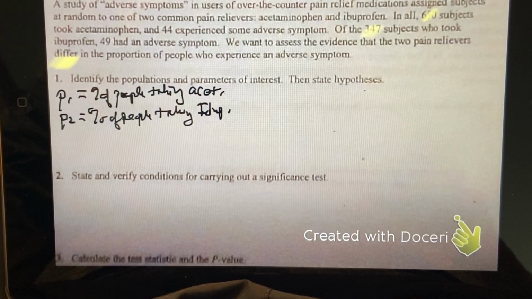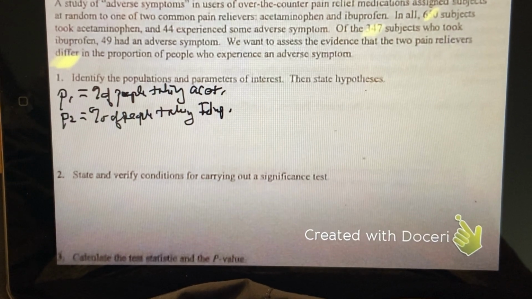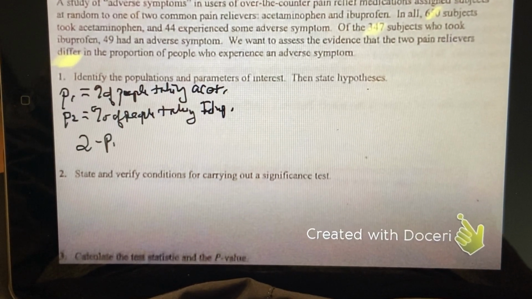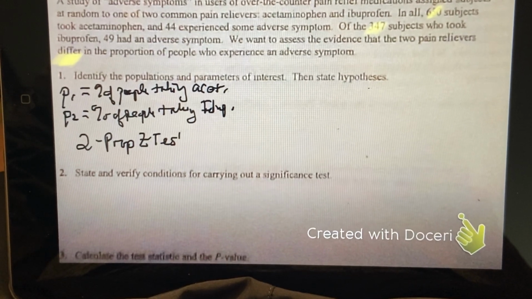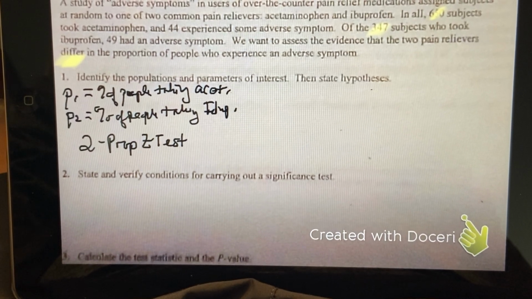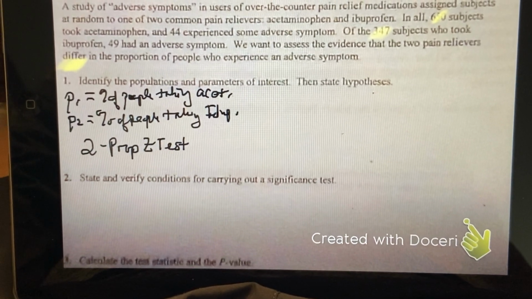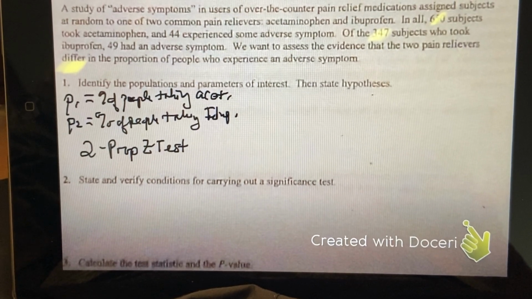Okay. Now, the procedure that we're going to be using for this test is a two-prop z-test. And that's the way the lingo is in the calculator, but it's two-proportion z-test. And yes, I'll talk you through how to do it on the calculator also. But just let me show you how I'm going to set up the H0 and Ha.